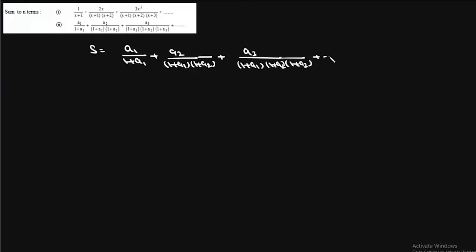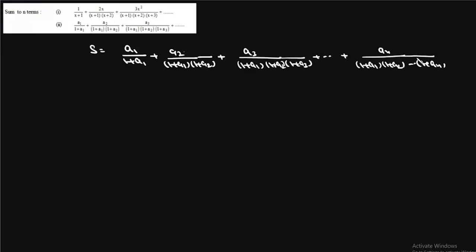Now the second question is, we are given this sum: a1 upon (1 plus a1), plus a2 upon (1 plus a1)(1 plus a2), plus a3 upon (1 plus a1)(1 plus a2)(1 plus a3), and it goes all the way up to an upon (1 plus a1)(1 plus a2) up to (1 plus an).